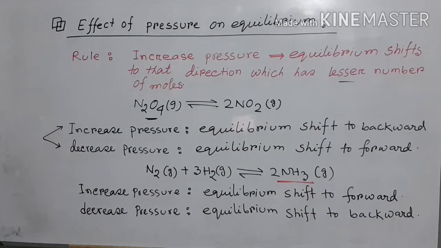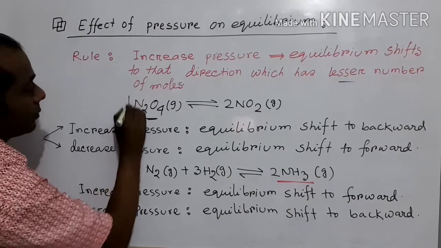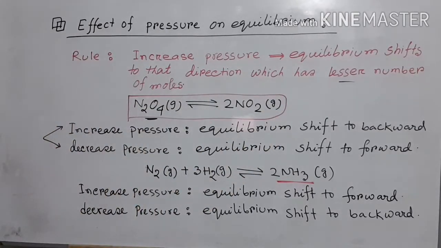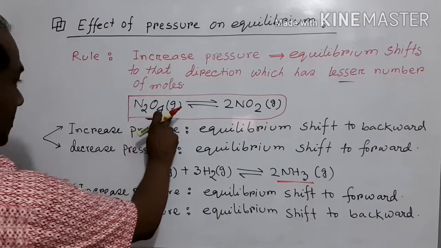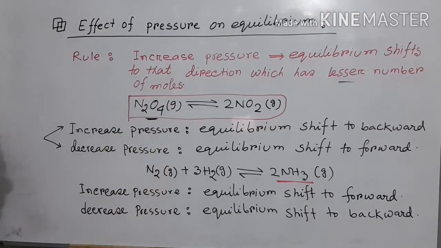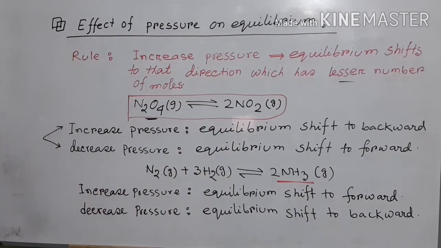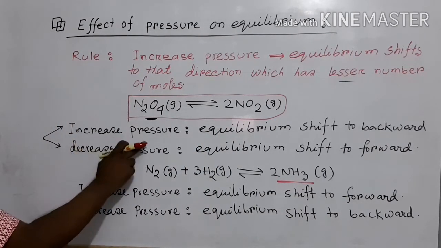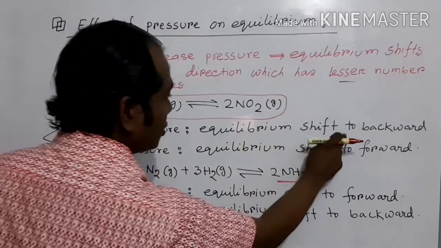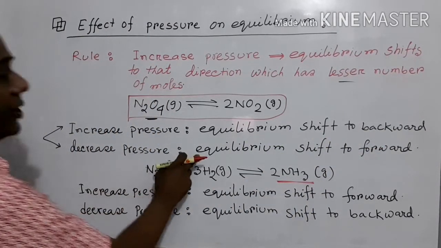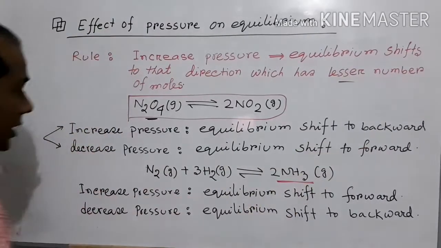Again, I repeat, for this type of reaction where the mole number of reactant is lesser than the mole number of product, increase of pressure, equilibrium shifts to backward, and for decreased pressure, equilibrium shifts to forward.